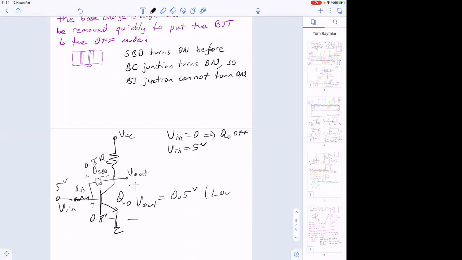So low, but transistor Q is, I don't know, there's a name for it, but it is not in SAT. It's a different state. We call it QO is in hard on or something like that.